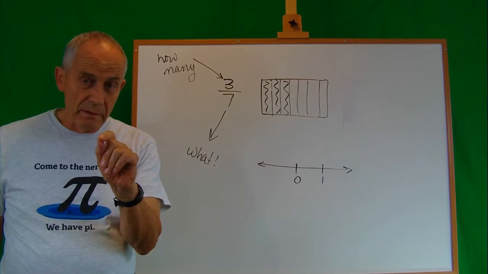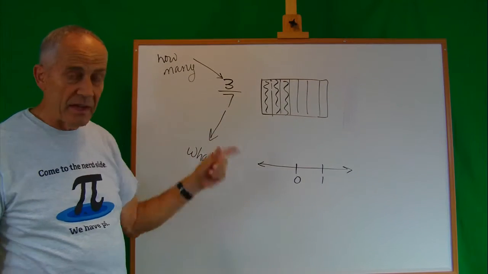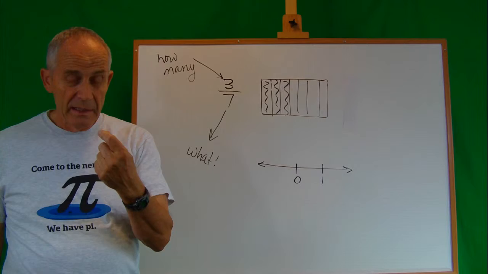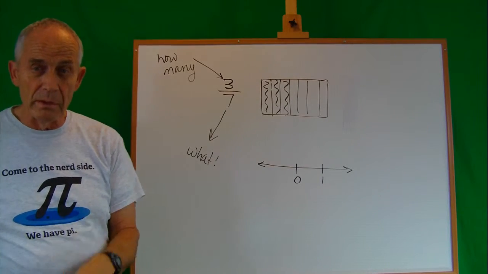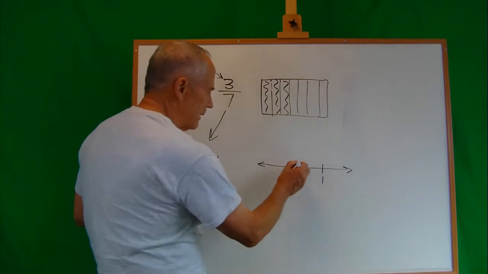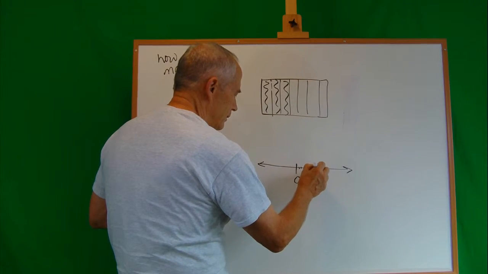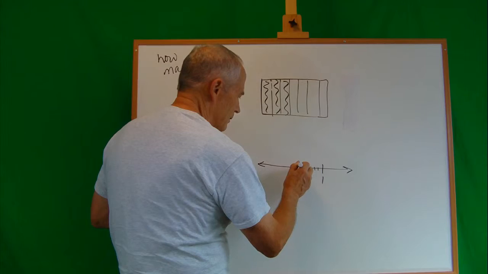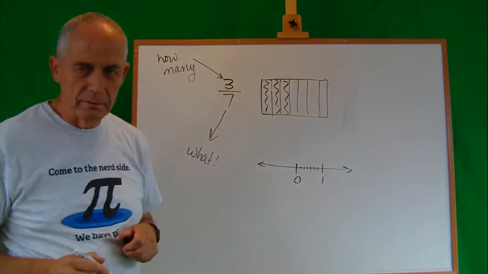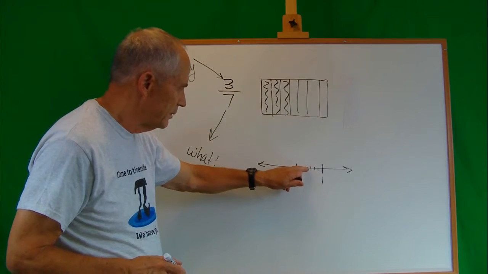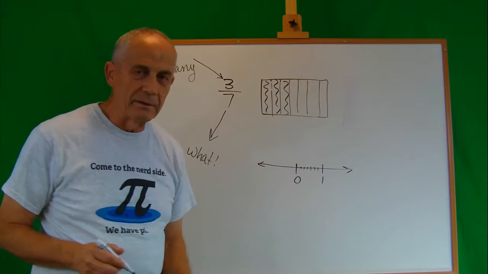If you remember that this name here, this sevenths thing we talk about, tells us we've got 7 equal ones, then if I split this part here, okay, I'll take one of those out. Now those are all equal. 1, 2, 3, 4, 5, 6, 7.